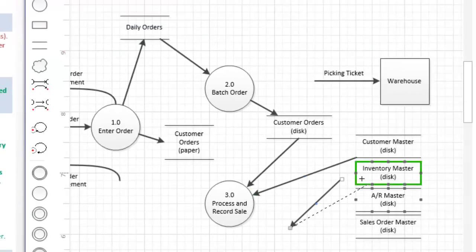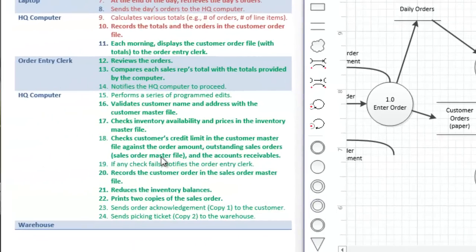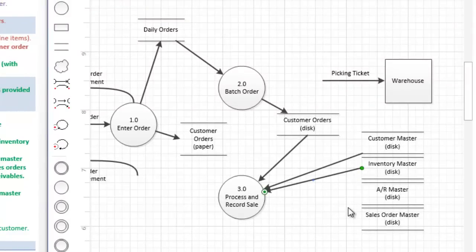Again, that entails reading. Checks customer's credit limit in the customer master file against the order amount, outstanding sales orders, the sales orders master file, and the accounts receivable. So each of those is going to entail reading.